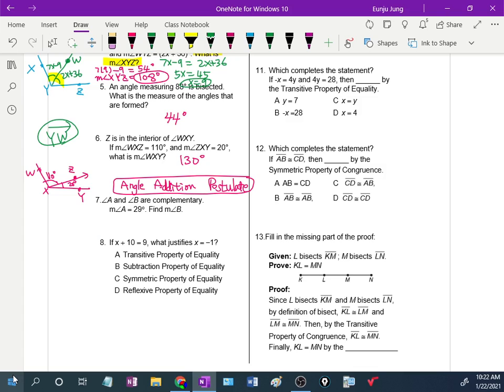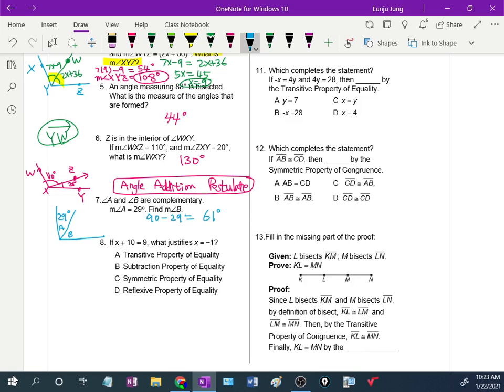Together A and B are complementary, right? So let's have 29, a little thin one. Okay, let's say this is A, this is B, that's 29 degrees. What is the other one? And what would you like to do? Subtract, right? So 90 subtract 29, what do you get? 61 degrees. So that's the angle B.